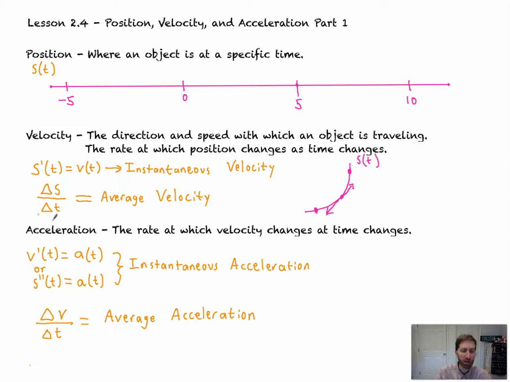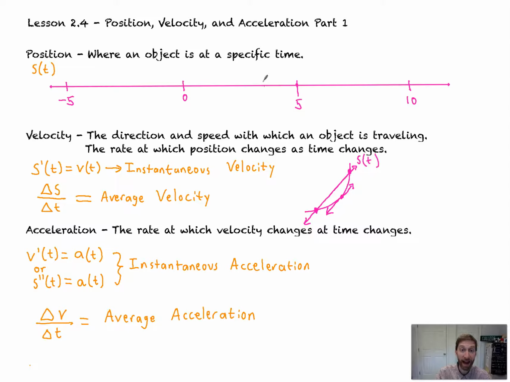Change in position over change in time, that average velocity, that's the slope of a secant line. So that's saying I started at this mile marker, I drove for a certain amount of time, don't know how fast I was going at any one time in between, but I ended at a certain position. What's my overall change in position divided by change in time, my overall average velocity?